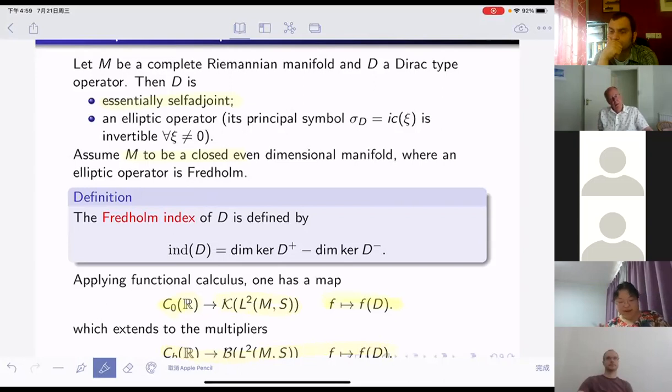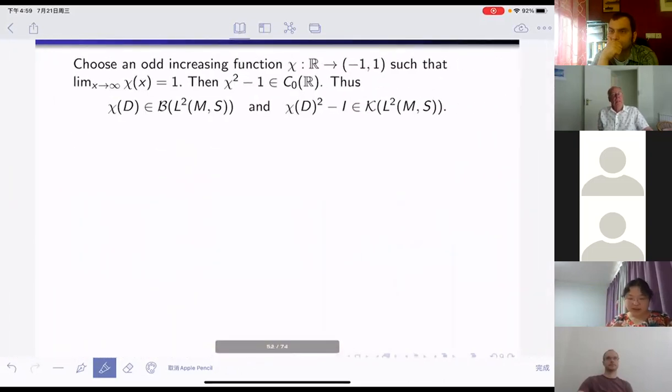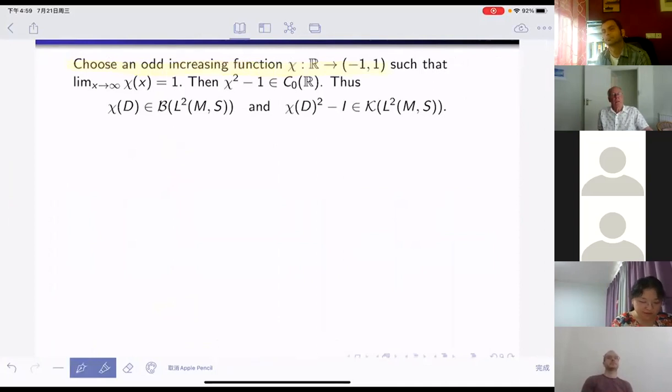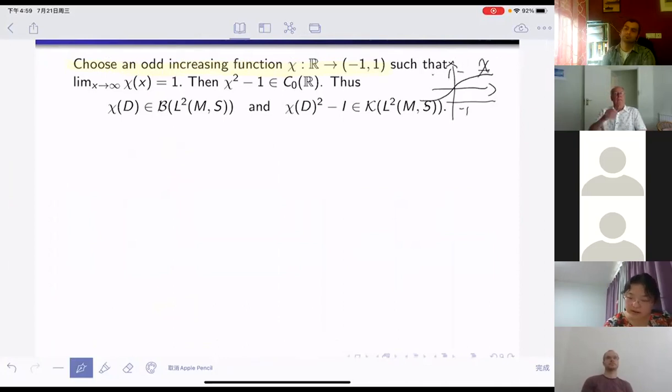So one can use that to define a K-theoretic index in the following sense. One can choose an odd increasing function like this, going from -1 to 1. This function has the property that chi squared minus 1 belongs to C0(R).